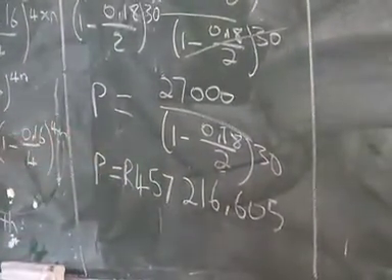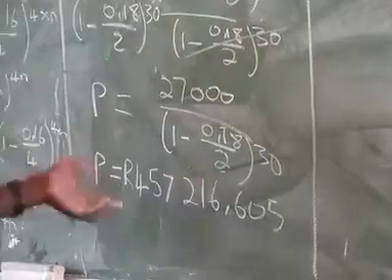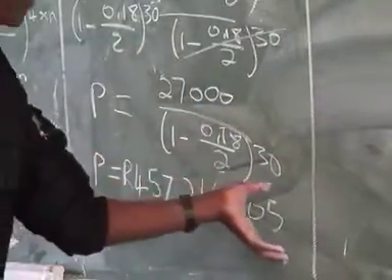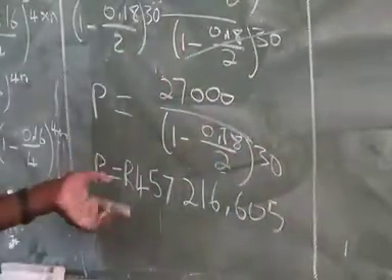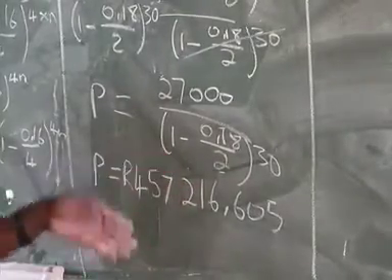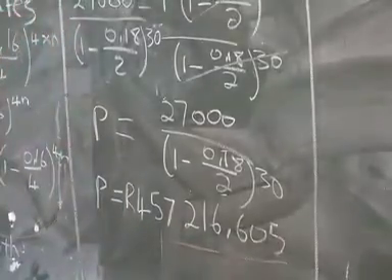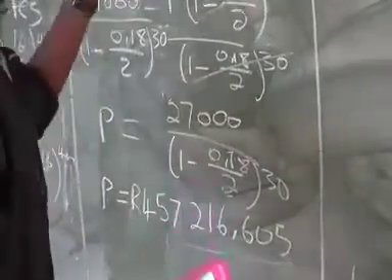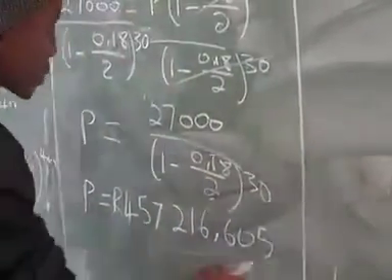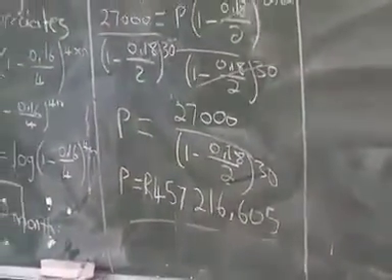If you know that the carrying value after 18 years is 27,000, then this is going to be the cost of the program to regular scale, 457,216.605. So that is how you can possibly answer this during an exam or a test.